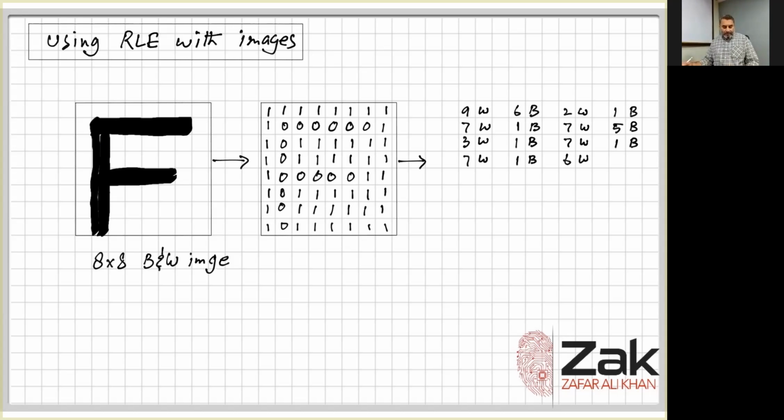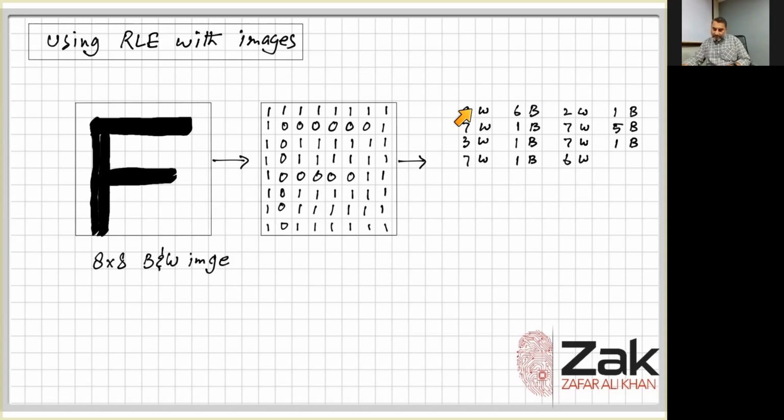So the 8 by 8 grid would need 64 bytes here. The compressed RLE has 30 values. See, 1, 2, 3, 4, up to 15. These are 15 things representing black and white, and we know that this value is the repetition number and this is the actual value. So these will be saved in 2 bytes.